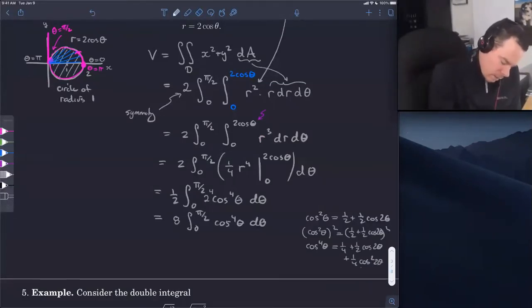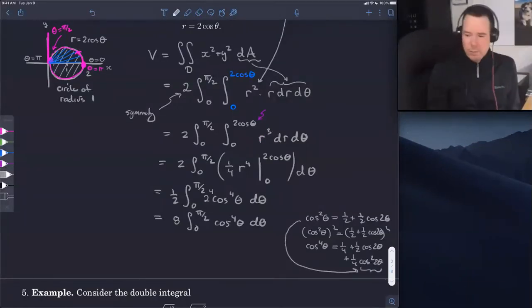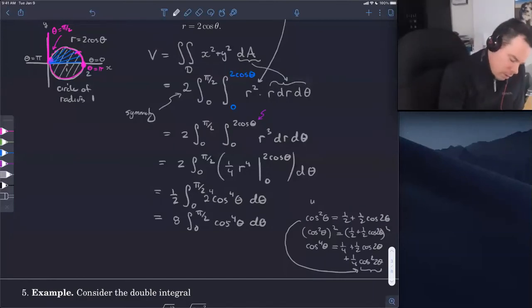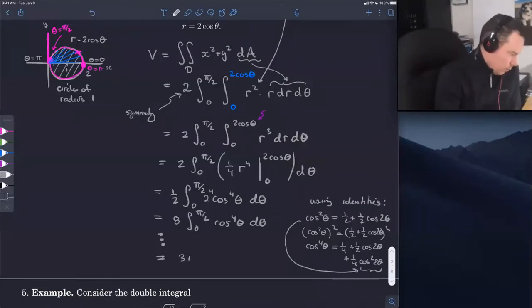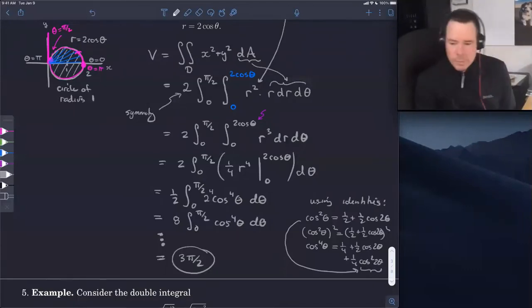And then I'd again use that formula to reduce that cos squared to just a cos, in this case a cos of 4 theta. So there is a possibility of using identities to reduce this. However we do it, we will get a result in the end of 3 pi by 2.